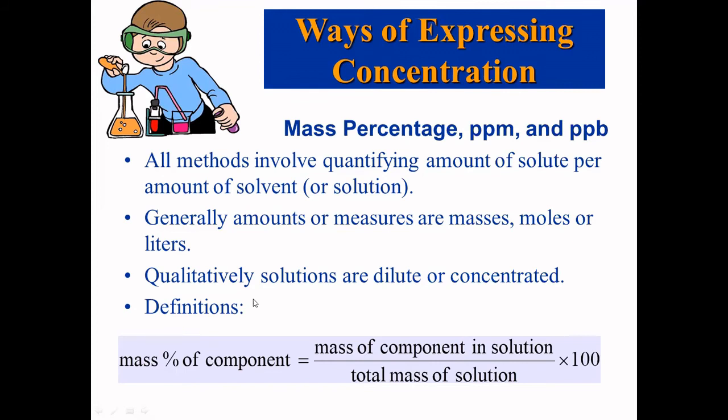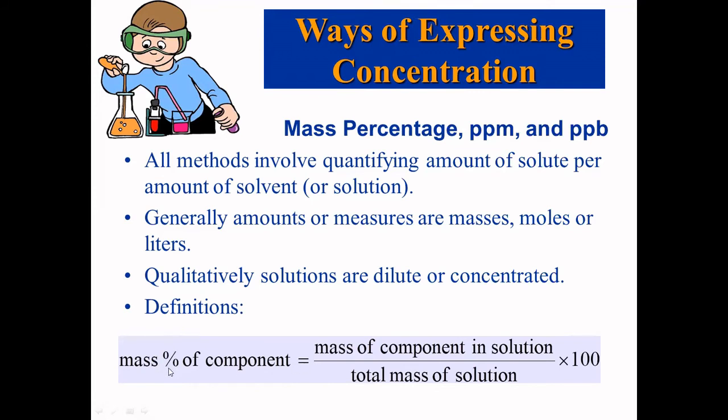But how less is less or how more is more is, of course, not as specific and scientific as when we quantify it and represent it with a particular number. So quantitatively, we have percentage by mass, ppm, ppb, molarity, molality, normality. Qualitatively, we say dilute or concentrated.